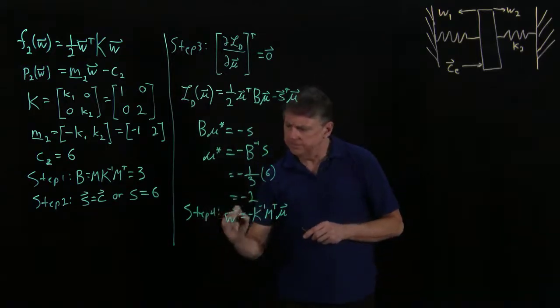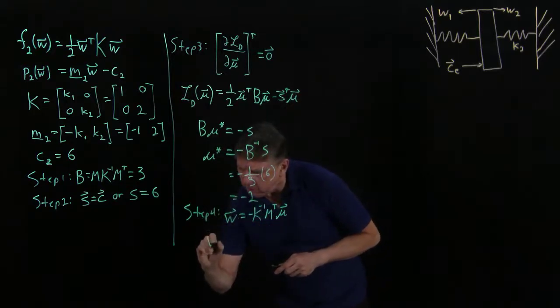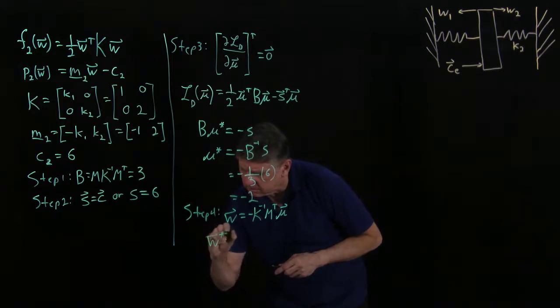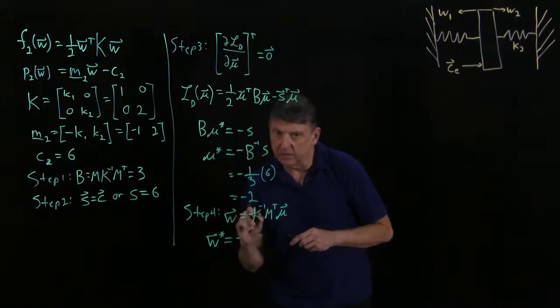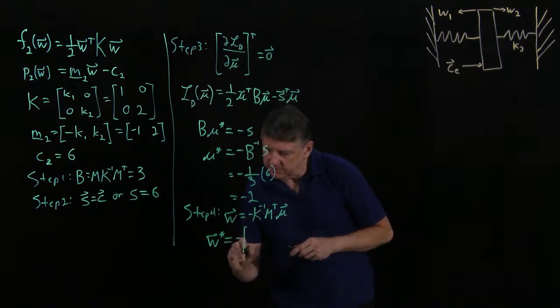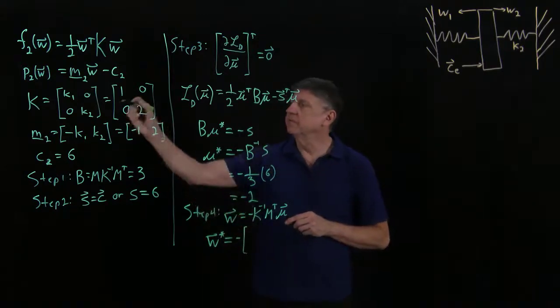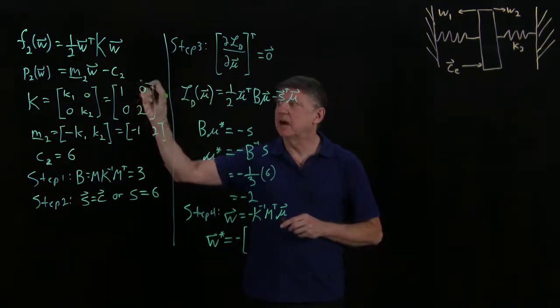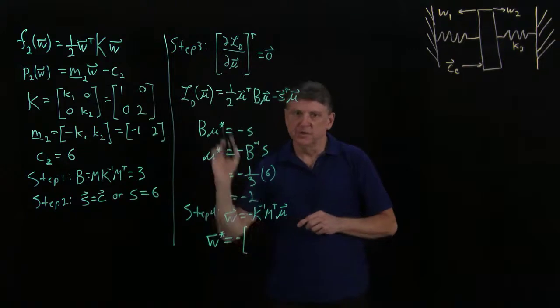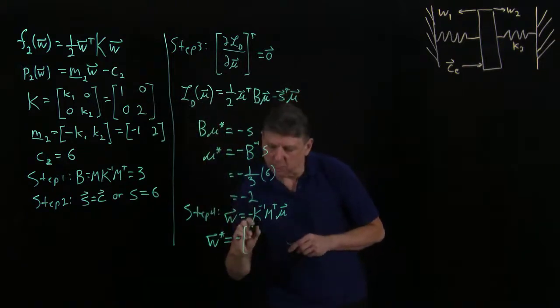So here, that means that our optimal vector argument is minus, and now when we invert a diagonal matrix, that is the diagonal of the inverses. So the inverse of 1 is 1.